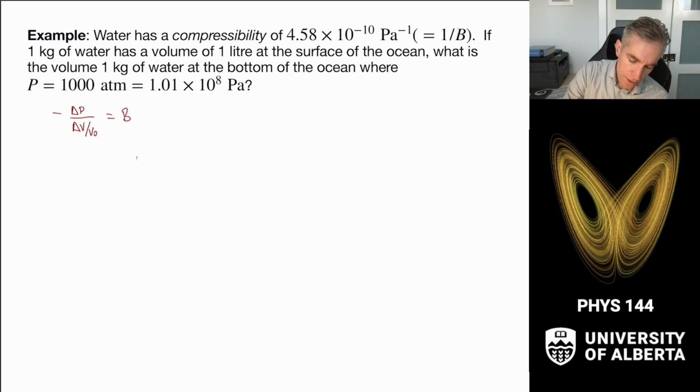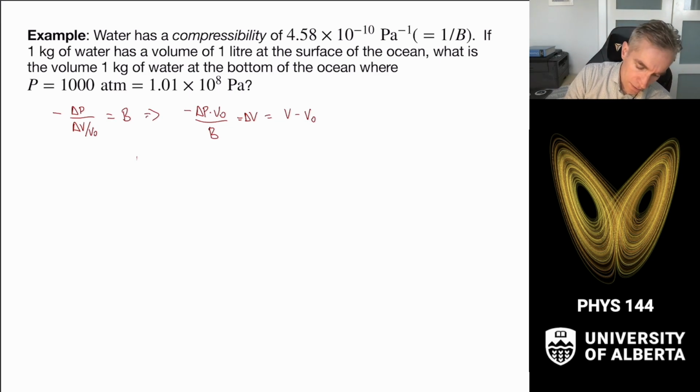And what we're going to want to do is solve this expression for the change in volume. So from there, we can go ahead and solve for delta V. That's delta P times V naught over B is equal to the change in volume. And so the change in volume is equal to the new volume minus the original volume.